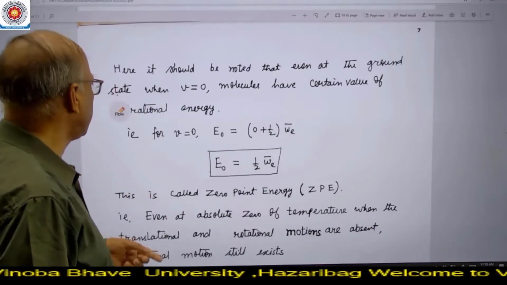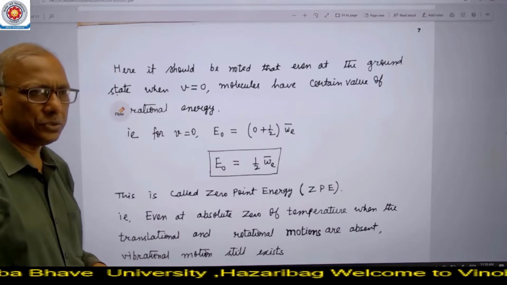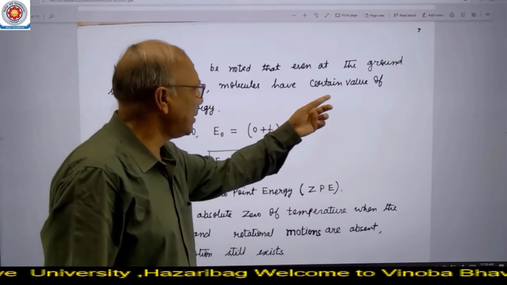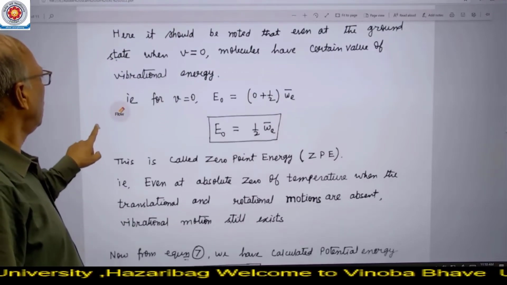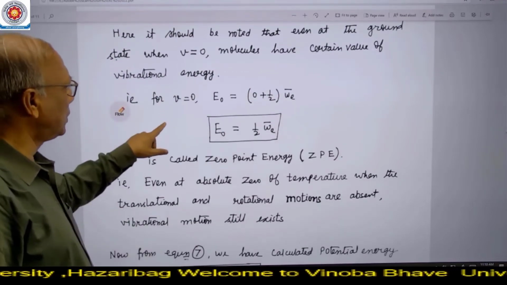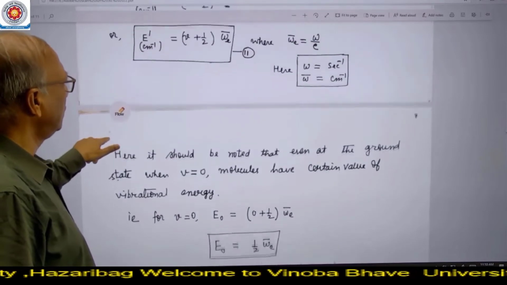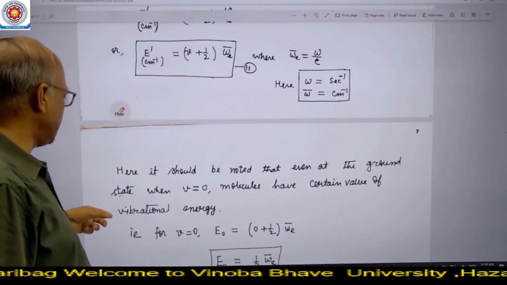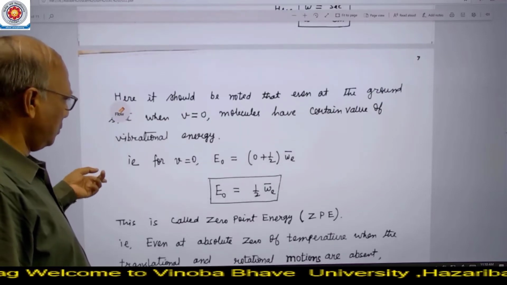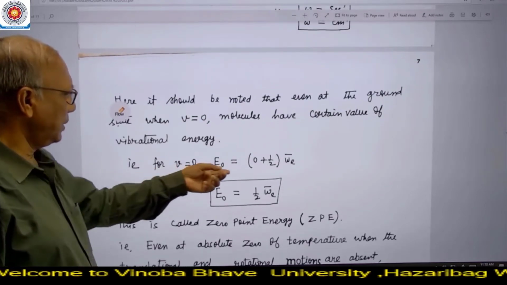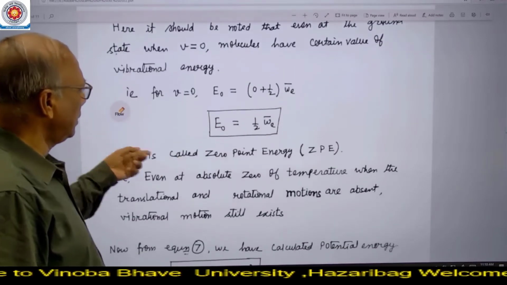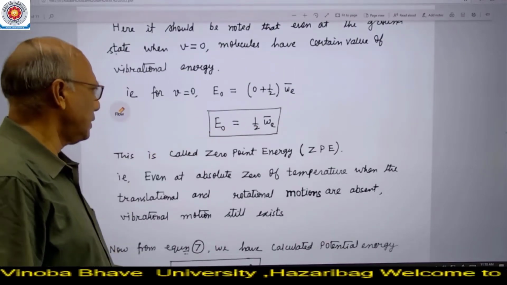Here it should be noted that even at the ground state, when the vibrational quantum number is 0, that is in the lowest energy state, molecules have a certain value of vibrational energy. If we put 0 for V in equation 11, it becomes 0 plus half, so E0 is equal to half omega e bar.